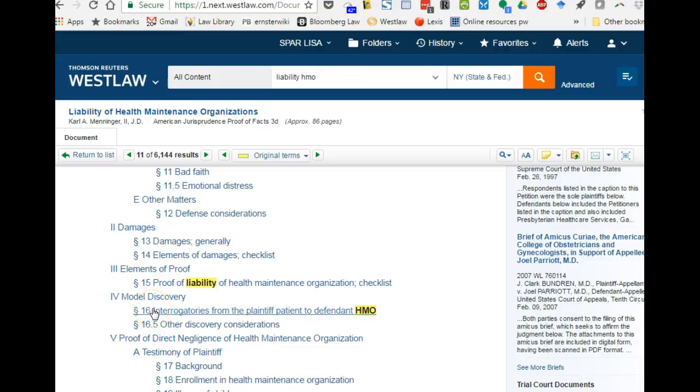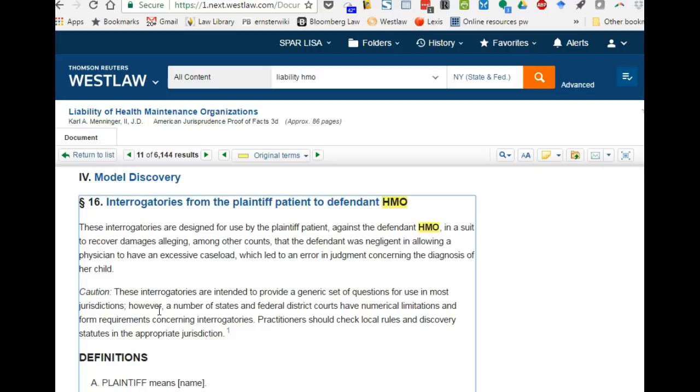And here's where it really gets into what is considered practice materials, and that are actual samples of what you would use as practicing attorneys. So you might use, if we get to litigation, interrogatories. So look, we have interrogatories from the plaintiff. So let's click on that so you can see what that looks like.